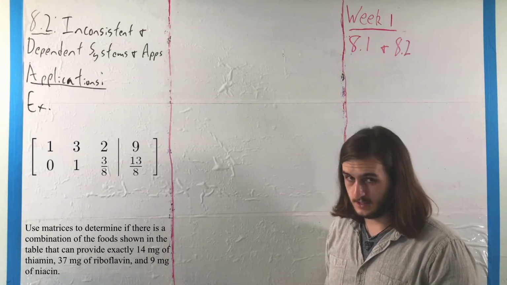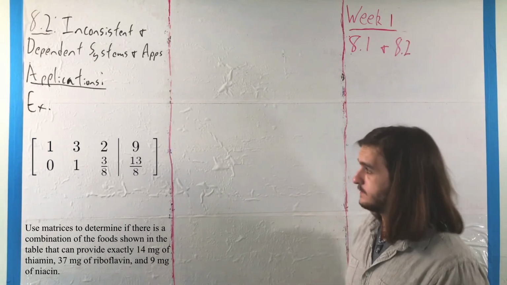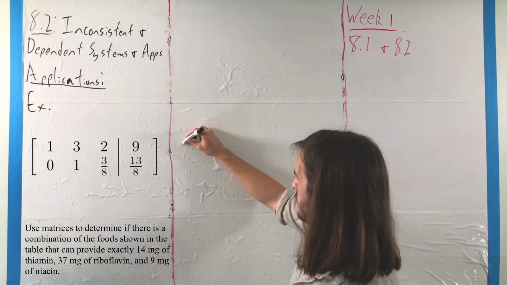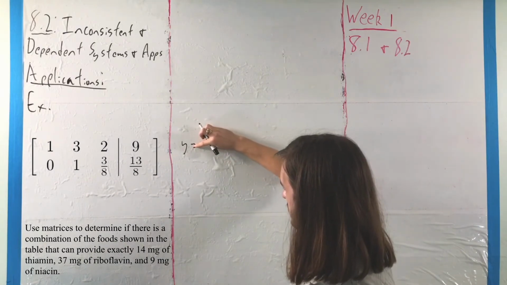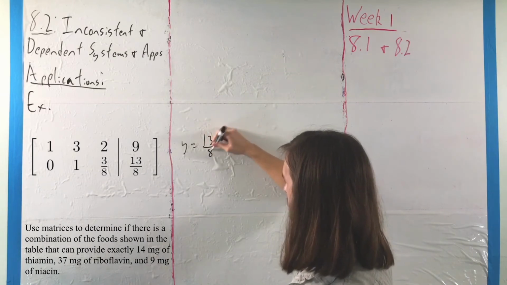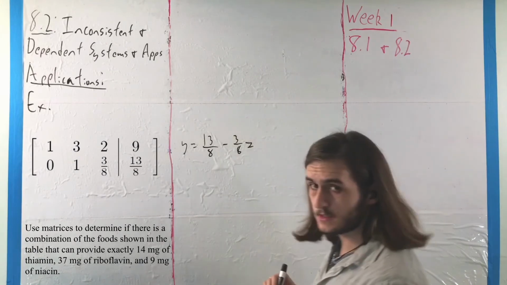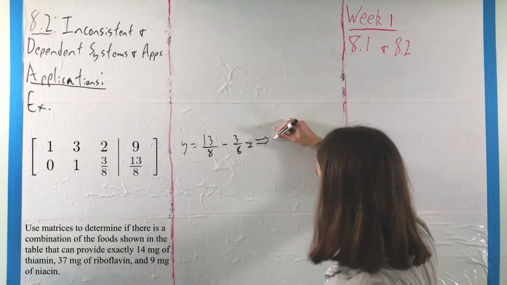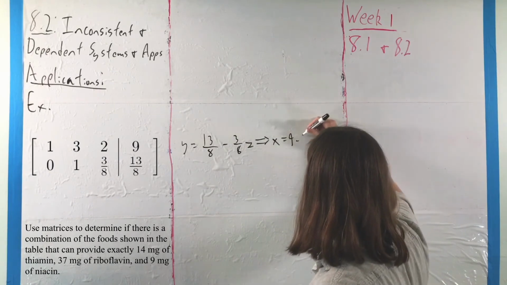Not the very prettiest picture, to be sure, but from there, we can follow down a path of substitution. We'll let y be equal to 13/8 minus 3/8 z.